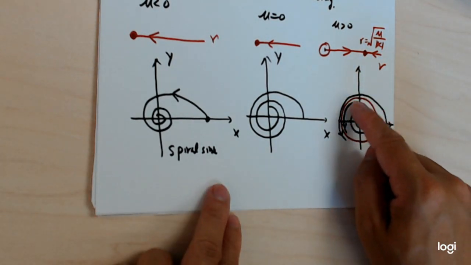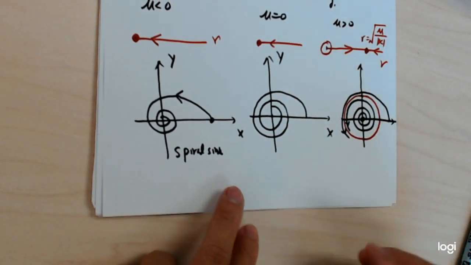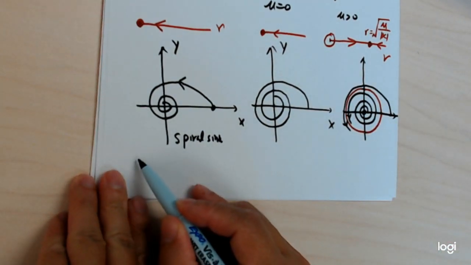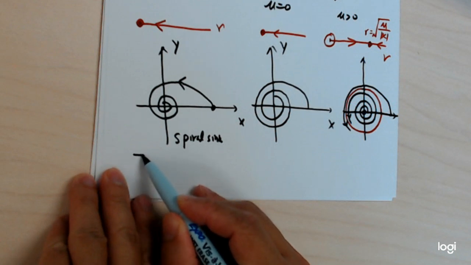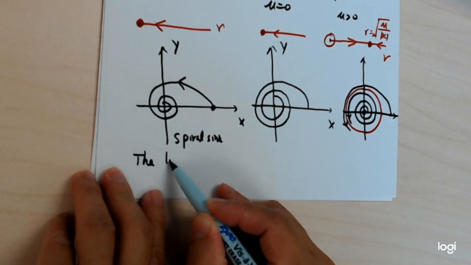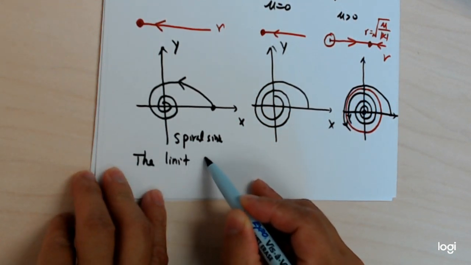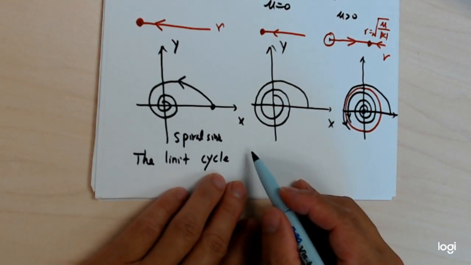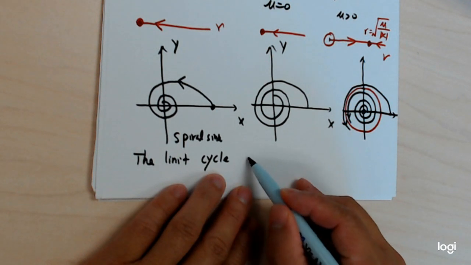So this is what we call a limit cycle, a periodic solution. Okay, so this is the limit cycle. Let me write down what we observed. There is this appearance of a limit cycle.